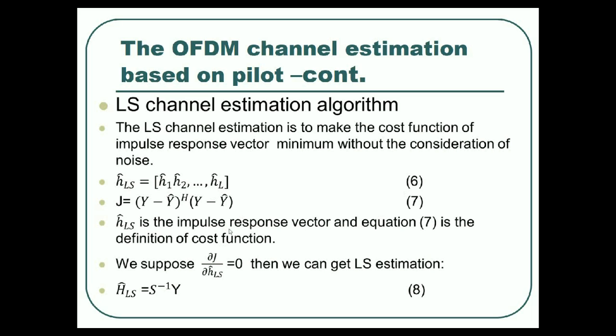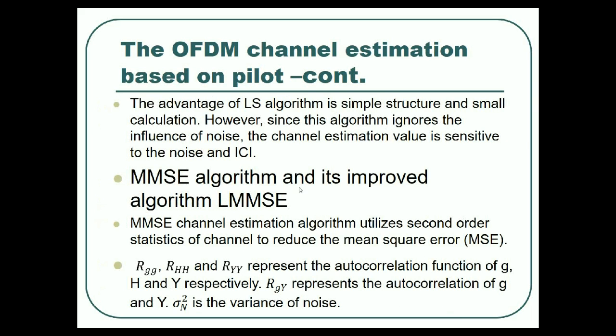Equation 6 is the impulse response vector, and equation 7 is the cost function. We suppose this formula is equal to 0, and we get the LS estimation, which is shown in equation H. The advantage of the LS algorithm is the simple structure and small calculation. However, since the algorithm ignores the influence of noise, the channel estimation value is sensitive to the noise and the ICI.